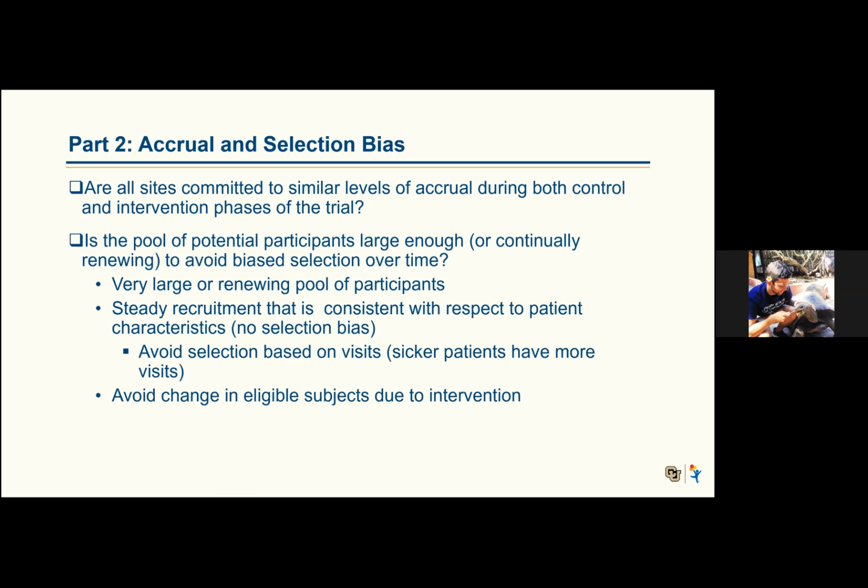All the sites have to be committed to this even accrual. But probably more critical is whether the pool of potential participants is large enough so that you're getting similar patients over time. What you don't want to do is have a study where patients are recruited, for example, when they come in for a clinic visit, because the earliest patients will be the sickest patients because they have more clinic visits.